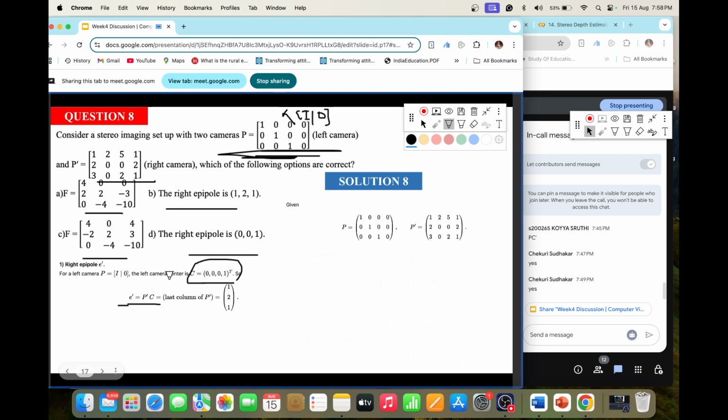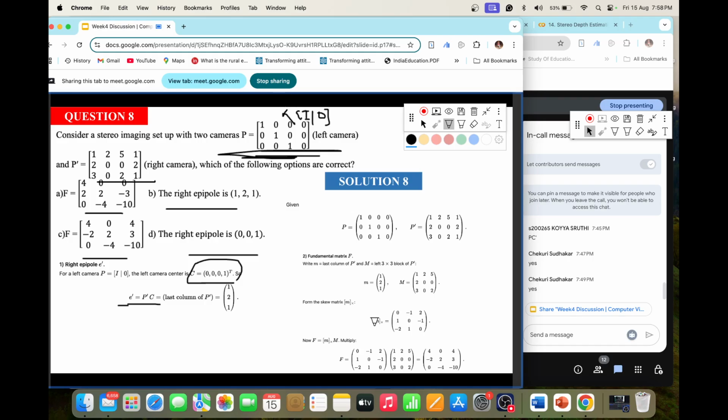Now about the fundamental matrix, you know very well how to compute it. If your K equals I, then we have the first special case, where F is computed by M x M. M is this, 125 200 302, and small m is this, 121.